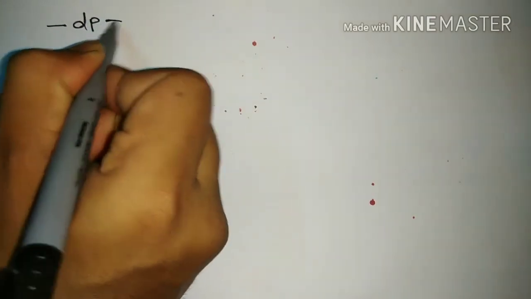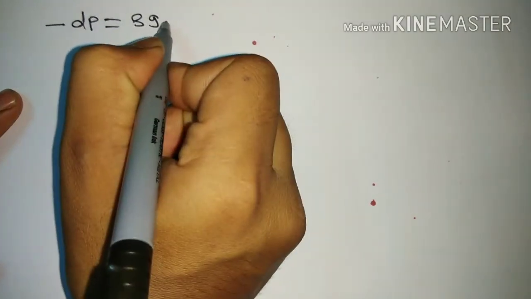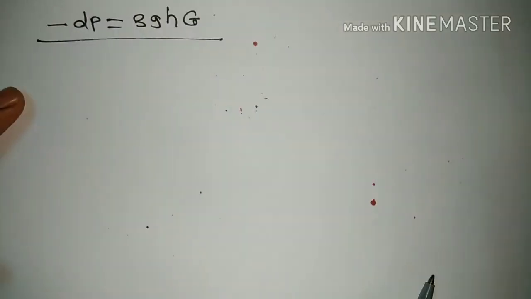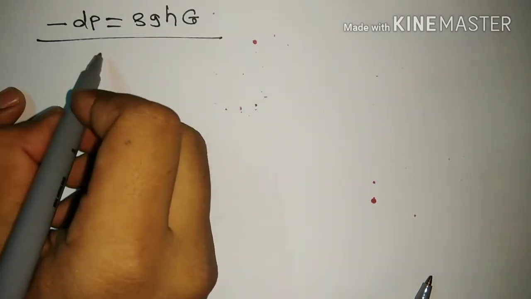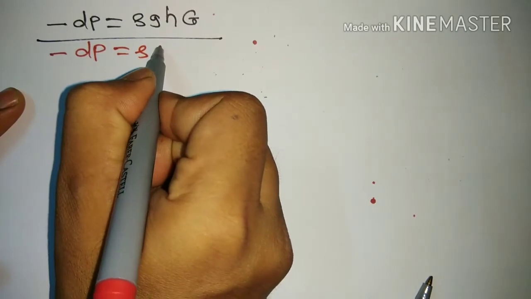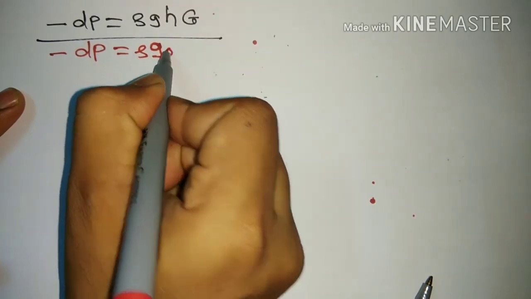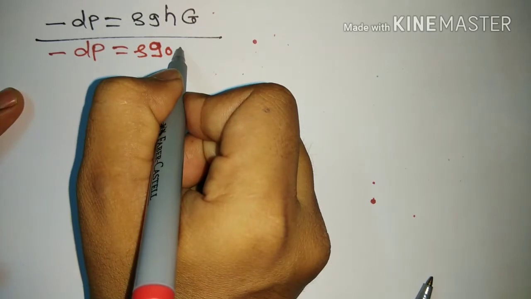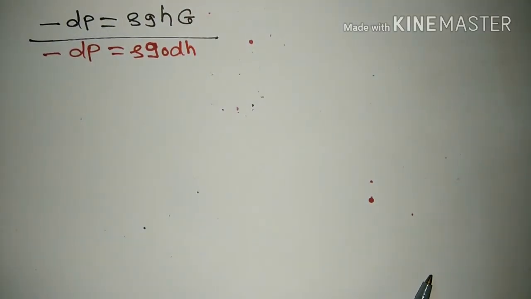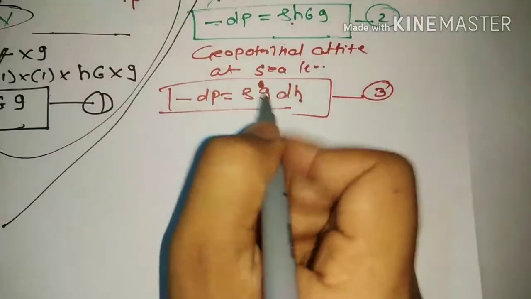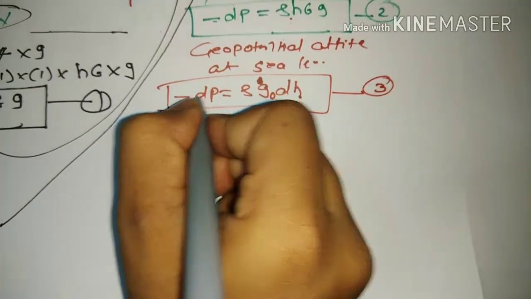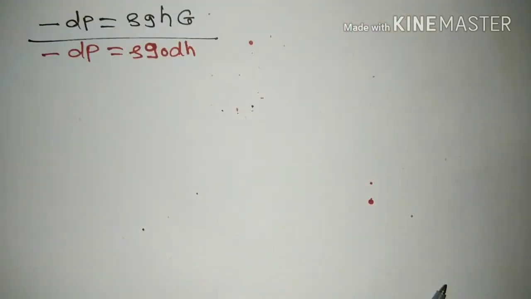Minus dp is equal to rho g h g, divided by delta p is equal to rho g, sorry, this is the geo, delta h. We put it wrong here, there should be g0 here, right? So the changing pressure equals rho g0 delta h.